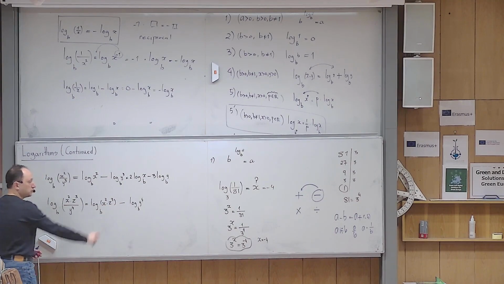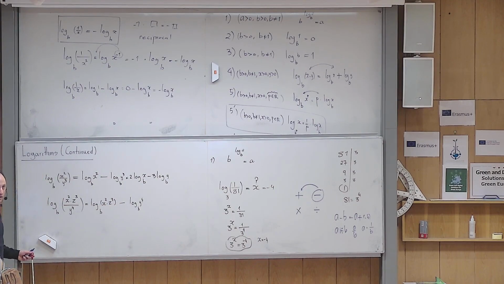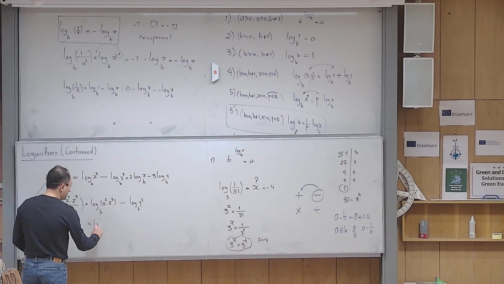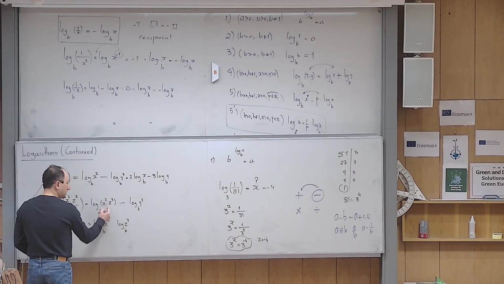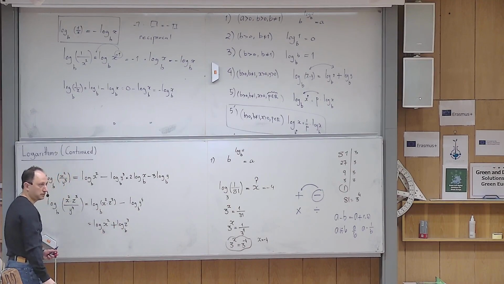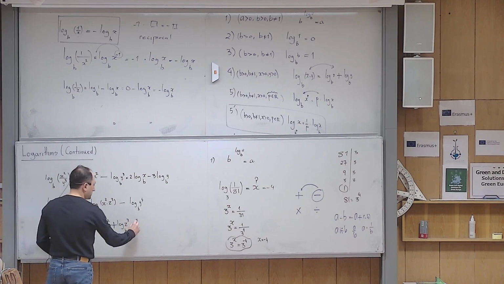But for this one, what can I do? Expand that, but this time with addition, because that's multiplication. So this becomes logarithm of x2 to the same base, logarithm of z cubed to the base b, but because it was a multiplication, the sign is addition here. And then I copy and paste the last one.